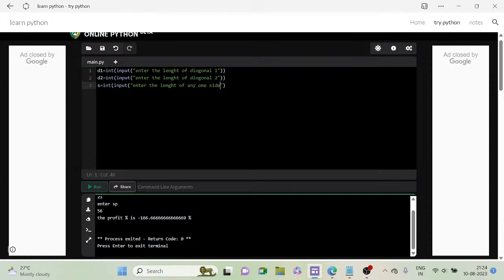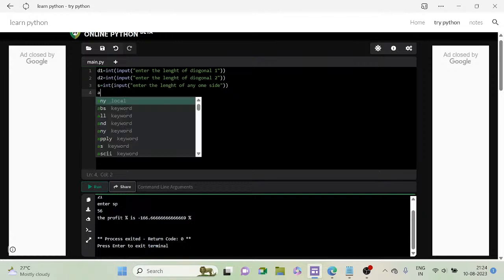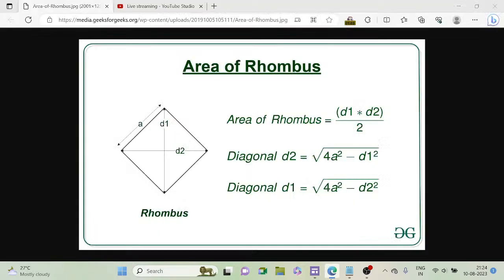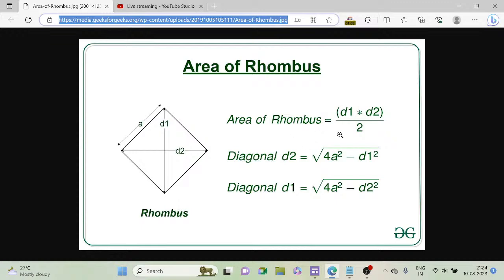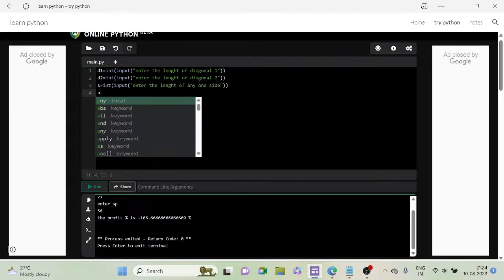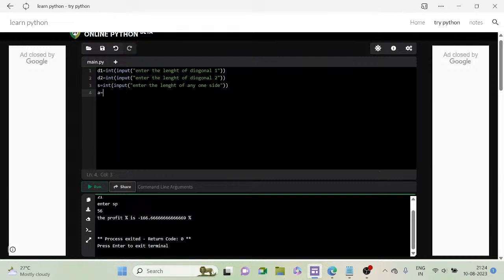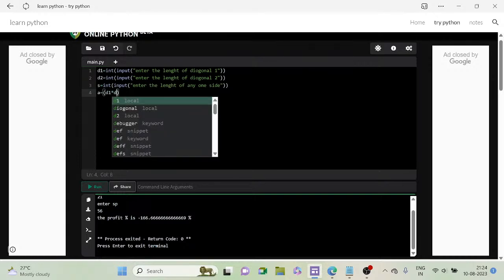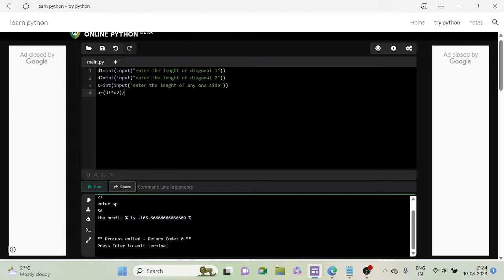Now the next thing is that we need to use a variable. First thing is area. The area of a rhombus is d1 into d2 by 2, so a equal to d1 into d2 by 2.